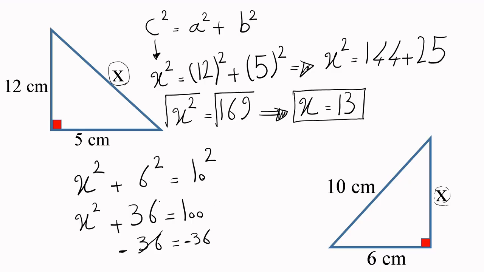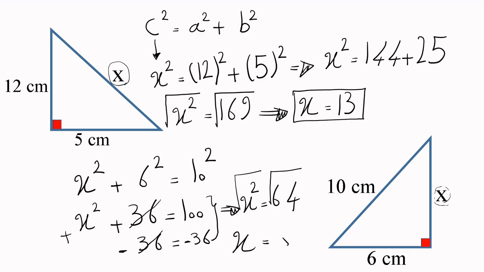So these two are going to cancel each other out, and I'm going to write the rest here. x squared equals 100 minus 36, which would be 64, and if I take a square root from both sides, x would be equal to 8. Really simple, and negative 8 is not acceptable, so I'm not going to mention that at all.